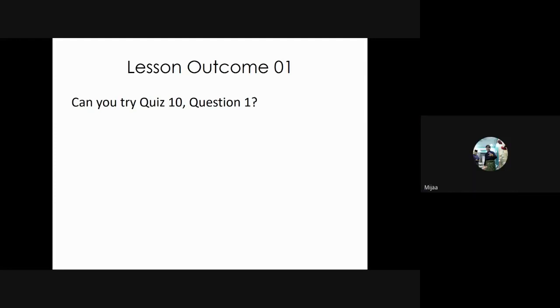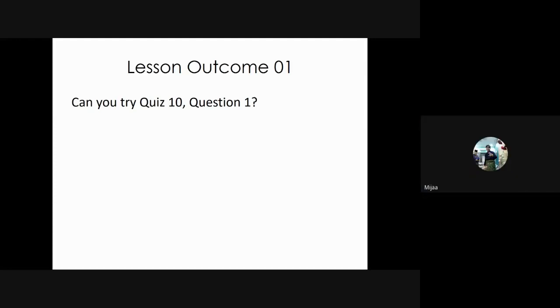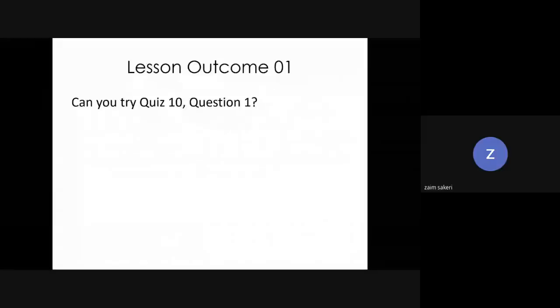Zaim, awal Zaim. Siap dah Zaim? Dah lagi. Zaim kuis 4 hari ni. Walau kuis 3. Apa tu Miza? Zaim, nanti logik tau.